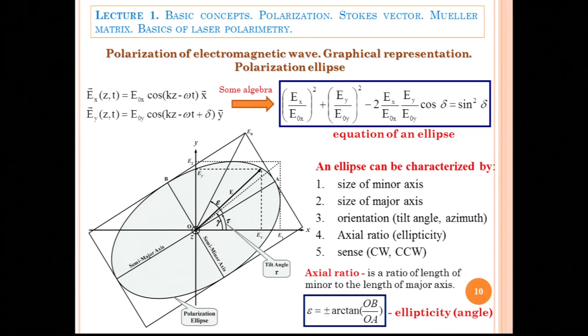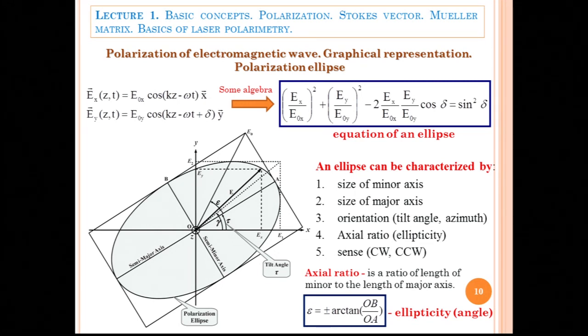When we analyze these two orthogonal components of the electricity vector and do some algebra, we can obtain this equation, with squares, sine, cosine, and so on. This is the well-known equation of the ellipse.